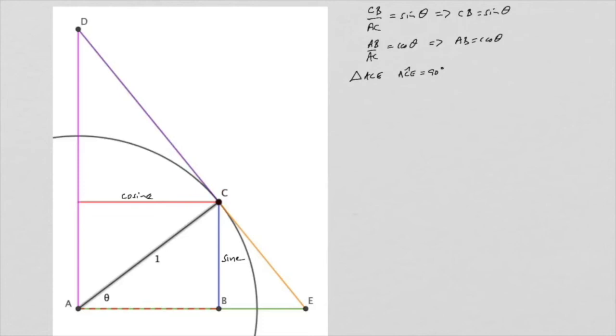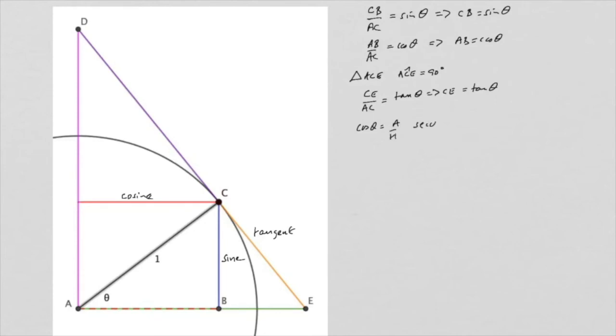So we have opposite CE over adjacent AC, which is going to be tan theta. And that means, because AC is equal to 1, we have that CE is equal to the tan of theta. So that yellow part is the tangent.